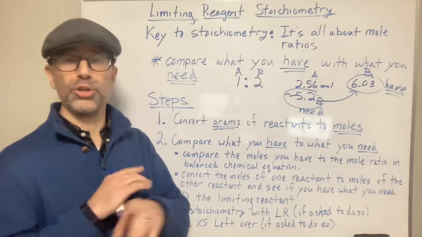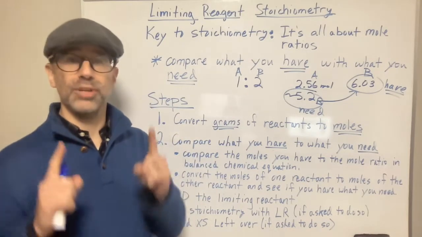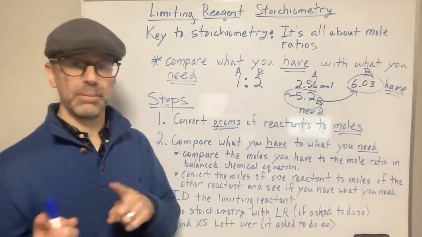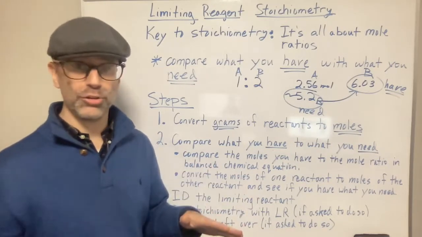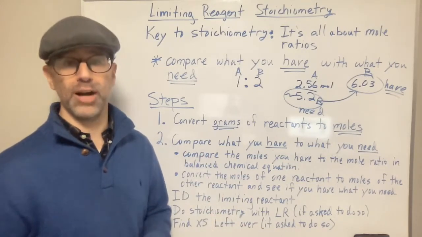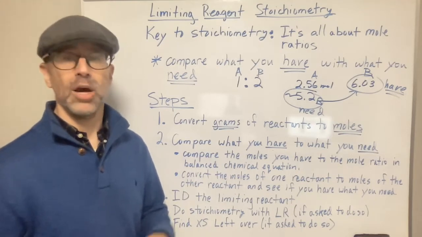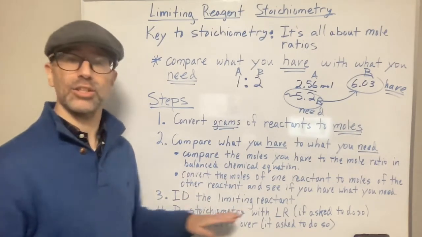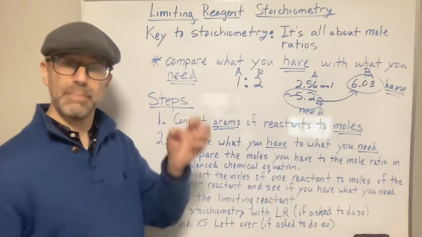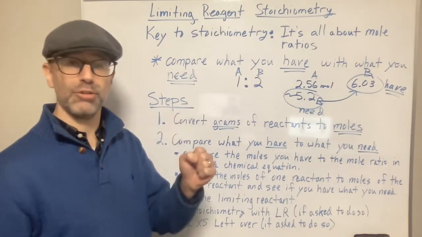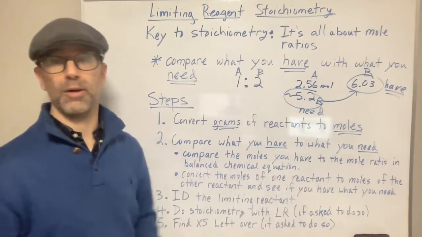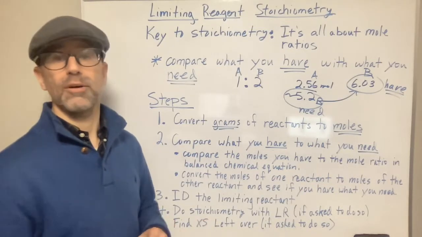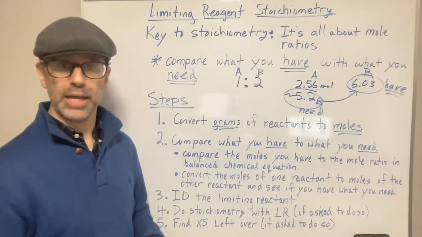So before you do any calculations, you need to figure out which one is the limiting reagent, whether they ask you to or not. Once you figure that out, you can then use the amount of the limiting reagent that they gave you to calculate the amount of product that would be formed from that amount of limiting reagent.